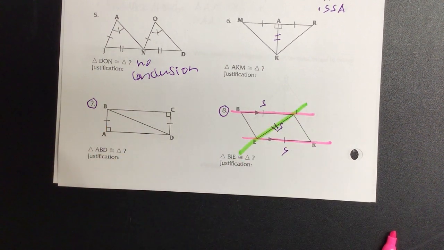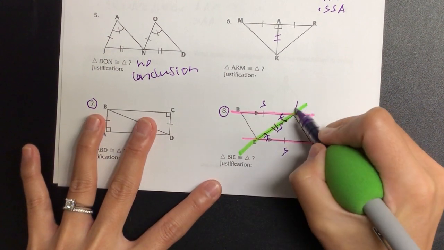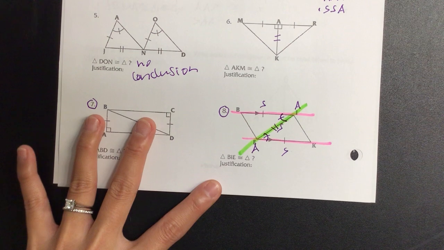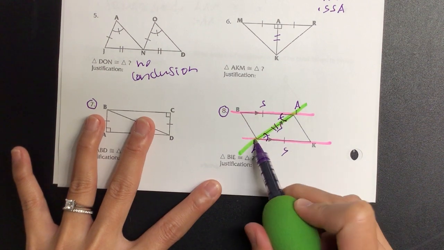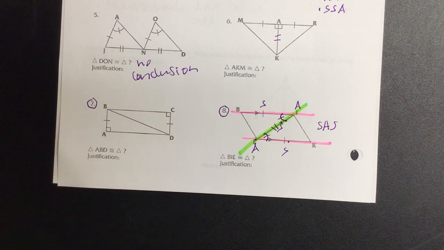So listen carefully as to why this works. If 2 lines are parallel, then we know alternate interior angles are congruent. So therefore, we have an angle and an angle. This will be by side, angle, side. Side, angle, side.